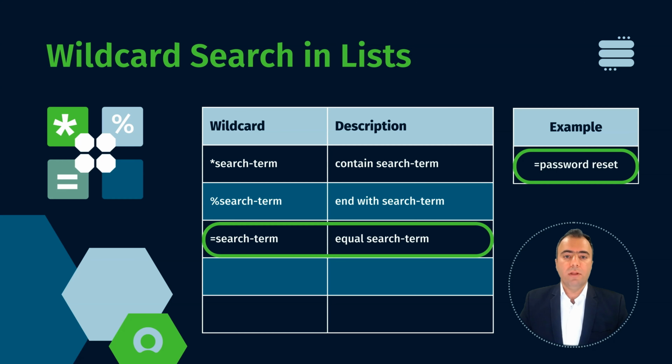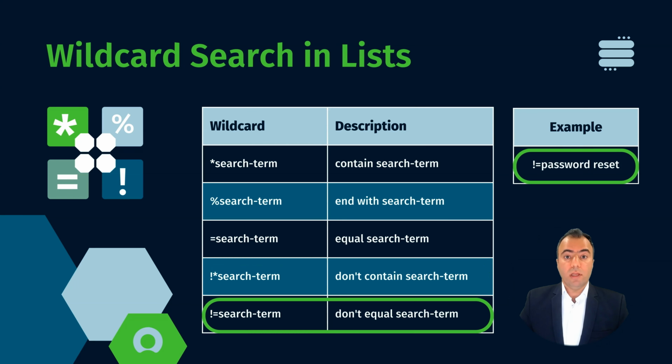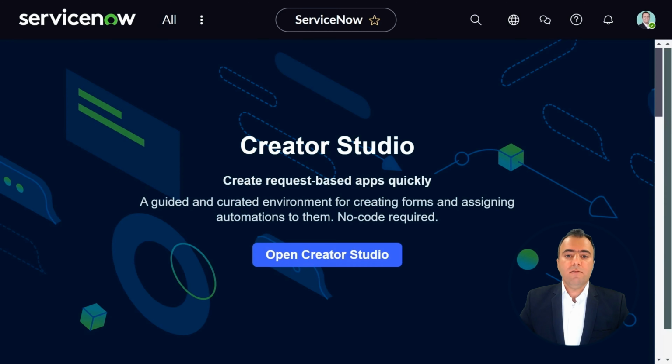For example, starting with an exclamation mark and then an asterisk allows you to search for values that don't contain that term. Starting with an exclamation mark and then the equal sign, you can look up values that don't equal your search term. All right, I'm going to demonstrate these on a test instance.